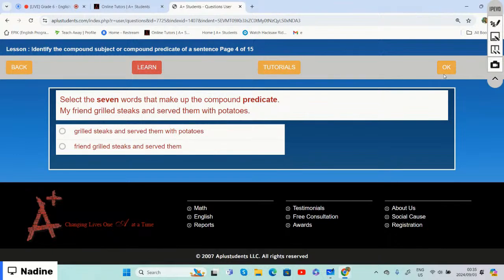The next one says we need to select the seven words that make up a compound predicate. We need to say, is it option one or option two?